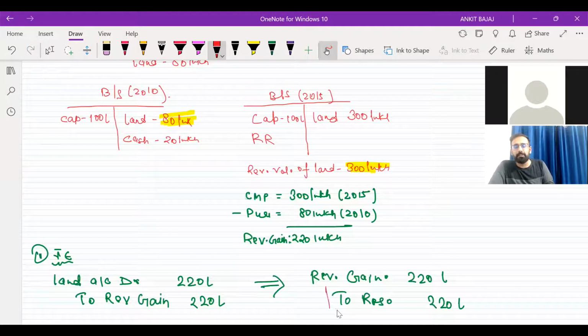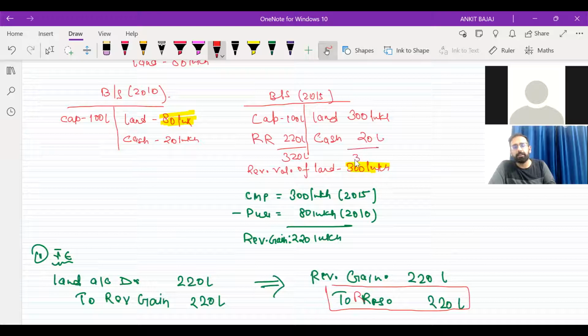We have created a revaluation reserve of 220 lakh, and we have cash of rupees 20 lakh with us. So what is the total of the balance sheet? The total is 320 lakh and 320 lakh here.